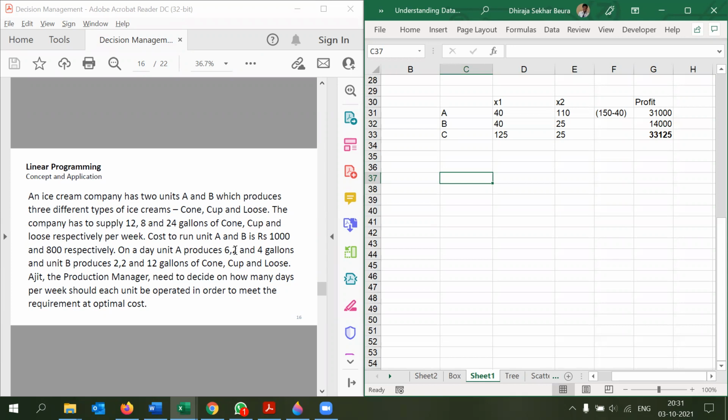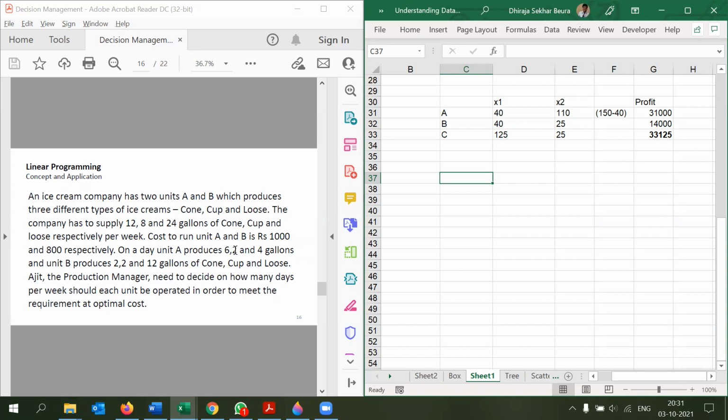But sir said it can be more, because there might be defective product. It's not like it is always 6. It might be 7 or 8, but not less than 6.